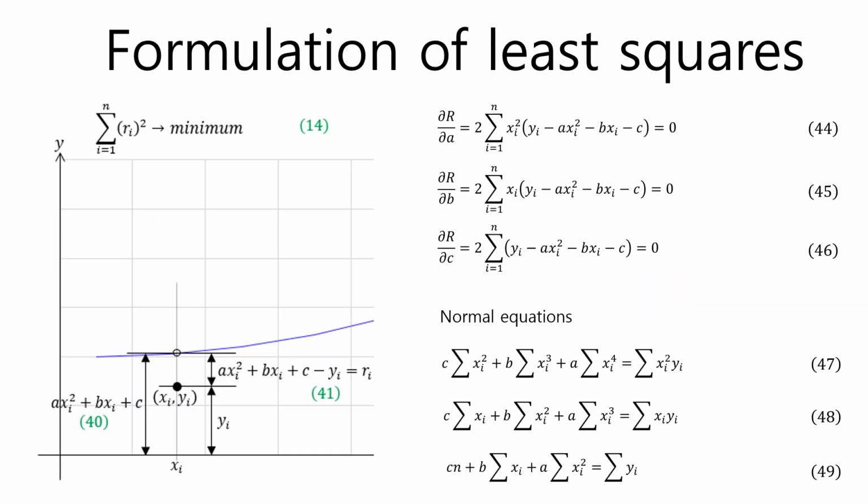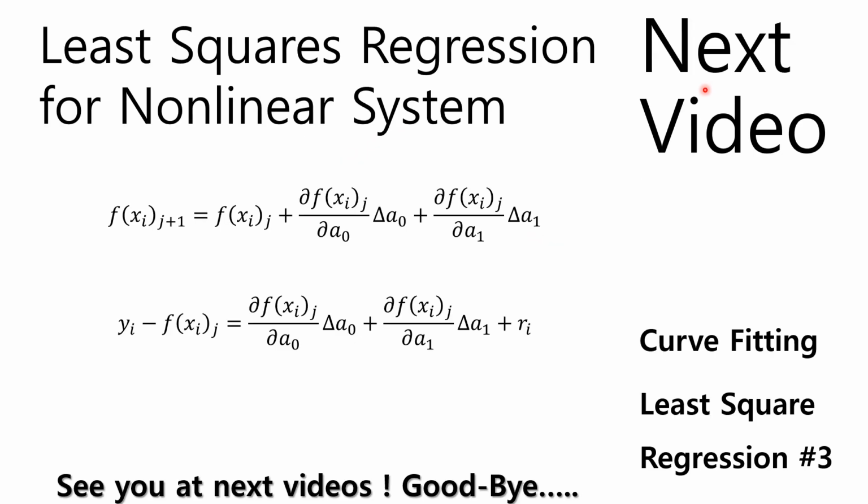Recently, in video number E0065 of Curve Fitting by Least Squares Regression Part 1, I explained the introduction and formulation of least squares regression for linear systems. The next video is the third video of curve fitting using the least squares regression and will explain the curve fitting of the nonlinear system when its linearization is impossible.